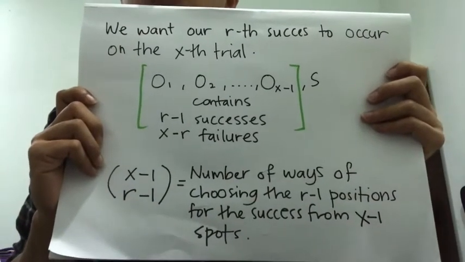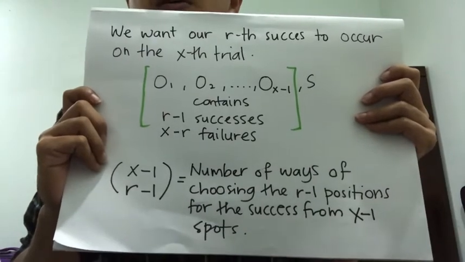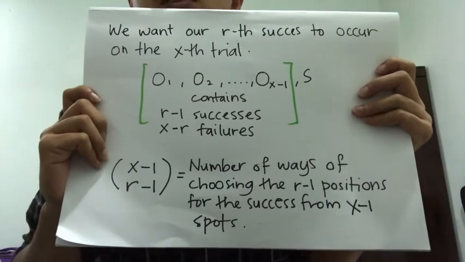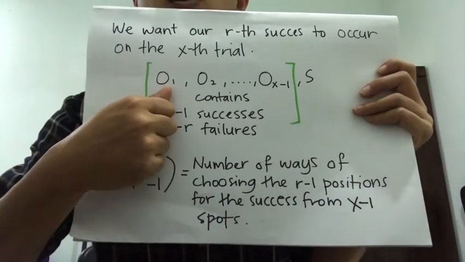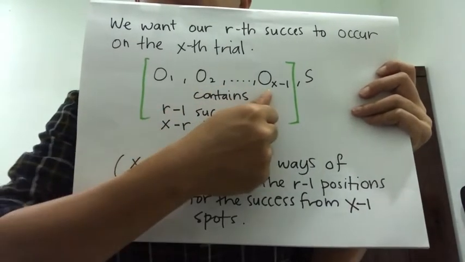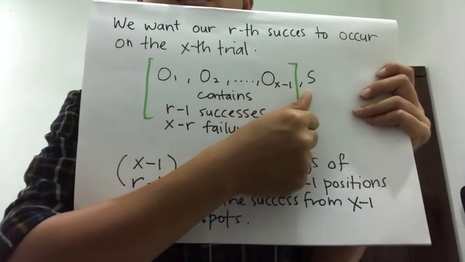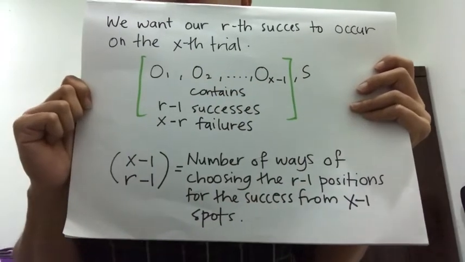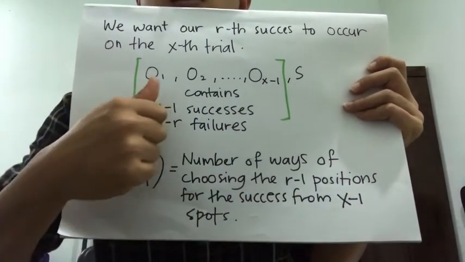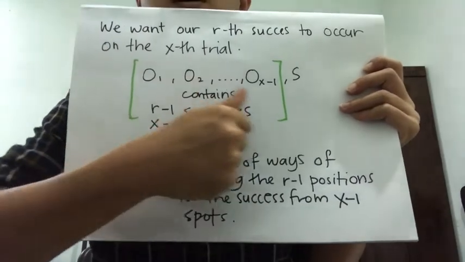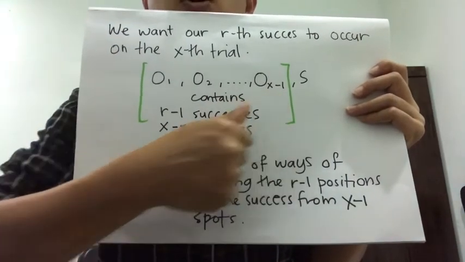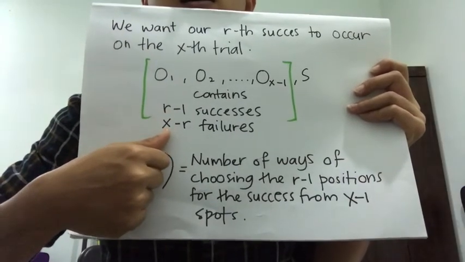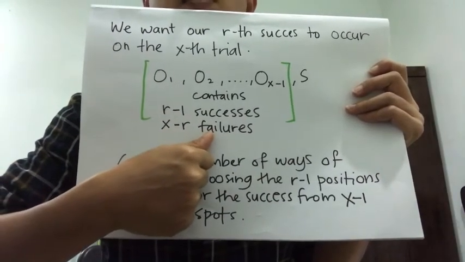If we want our R-th success to occur on the X-th trial, we know that our sequence of outcomes must take the form observation 1, observation 2, up to observation X minus 1, and the final observation, which is the success, in which the sequence of observations 1 until X minus 1 contains R minus 1 successes and X minus R failures.